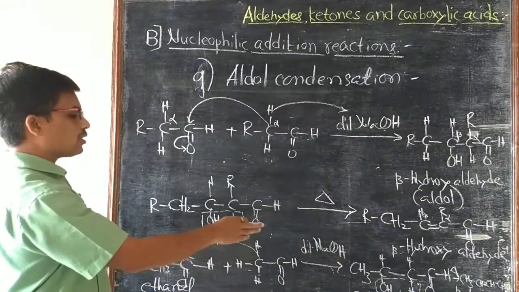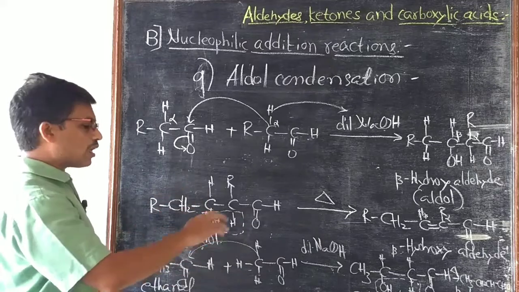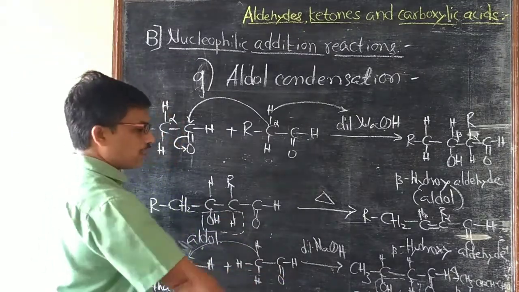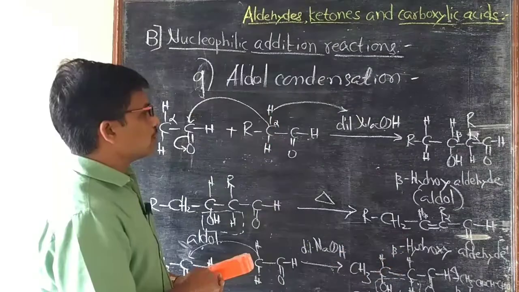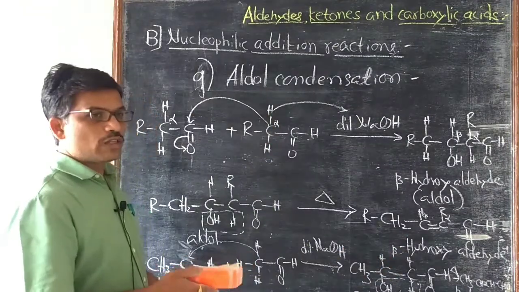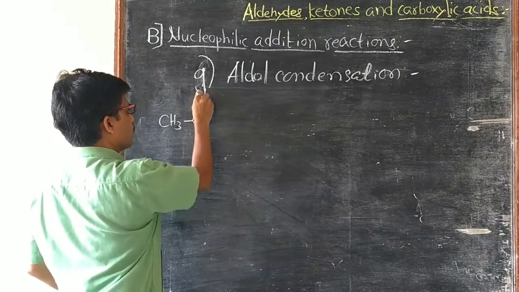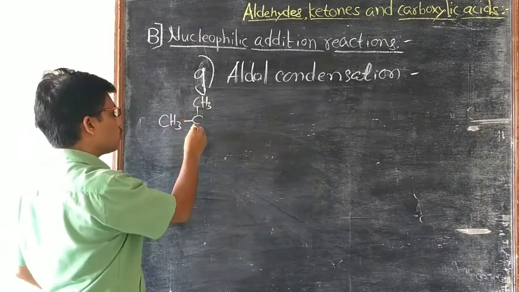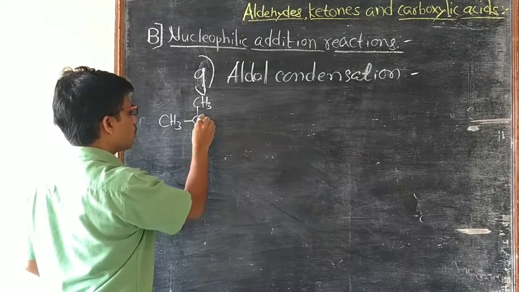This total reaction is called aldol condensation, that is, condensation of the first and second molecule. A similar reaction takes place with ketones. Ketones containing alpha hydrogen also undergo aldol condensation.